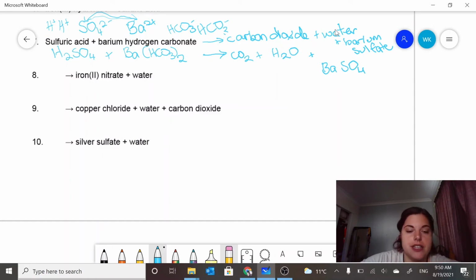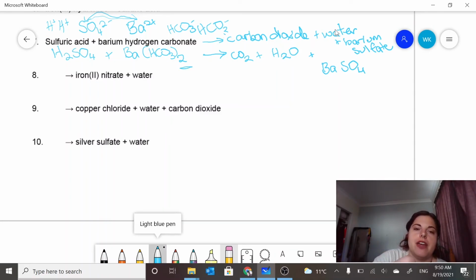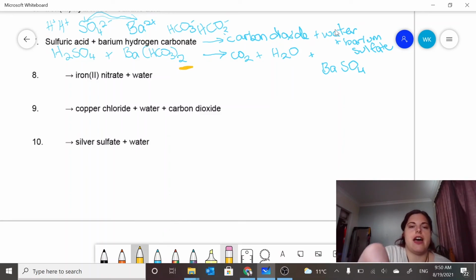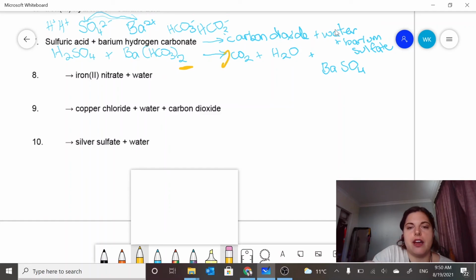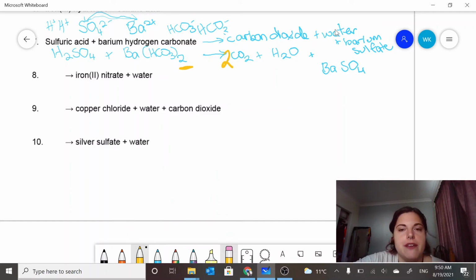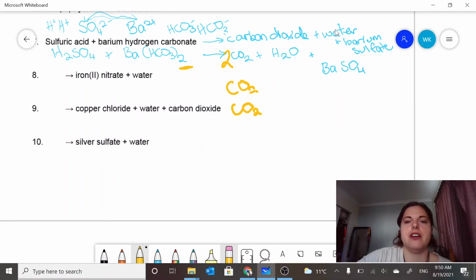And I can already tell that there isn't enough carbons because of that little subscript there. So we're going to have 2 carbon dioxides. If we have 2 carbon dioxides, I'm going to write them in just to help visualize. We've got 2 carbon dioxides.